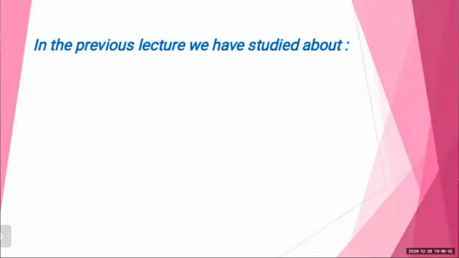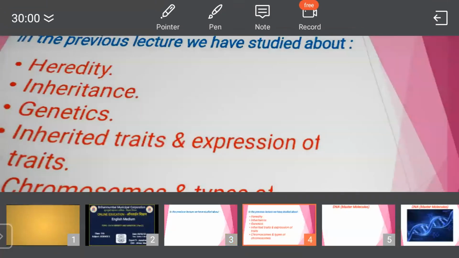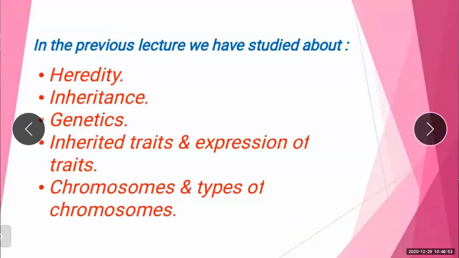In the previous lecture, the topics we have seen were heredity. Heredity means the transfer of characteristics from parents to offspring. Therefore, every living organism has similar characteristics as its parents.